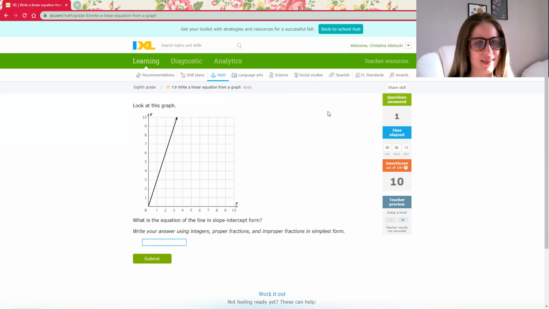All right, let's try this one. Once again, you're going to notice the directions are the same every single time. We are going to write our equation in slope-intercept form. So y equals mx plus b, which means the two pieces of information I am looking for are our slope, which is our m, and our y-intercept, which is our b.